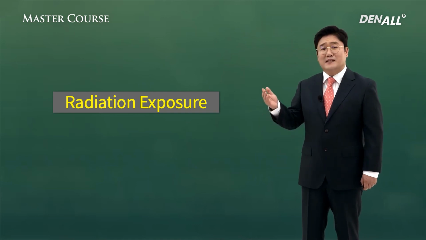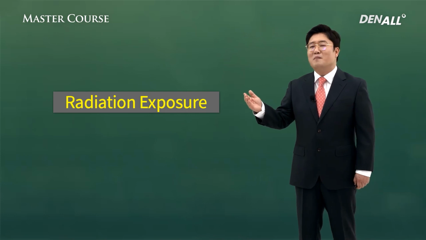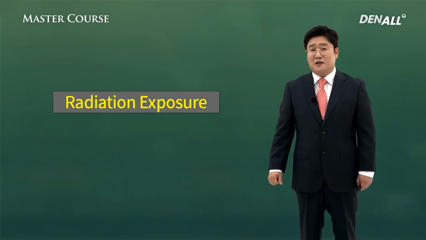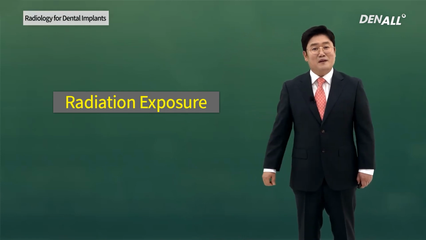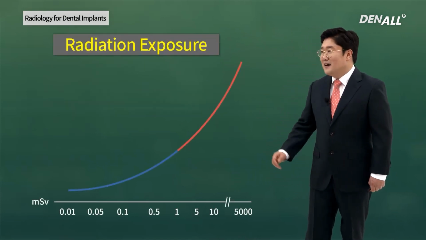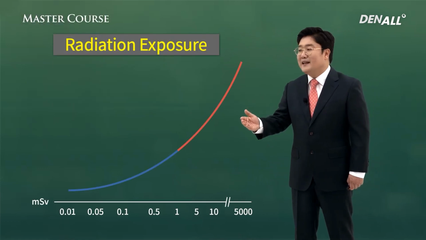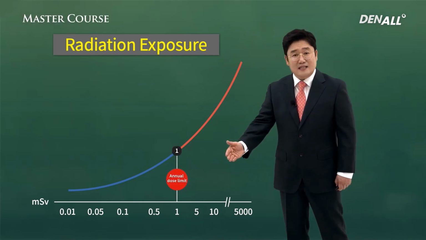When we talk about X-ray images, many doctors are worried how much radiation exposure should be made. And this information is necessary when we explain X-ray to our patient. If you look at this curve, the allowed radiation exposure per person per year is defined as 1 sievert.